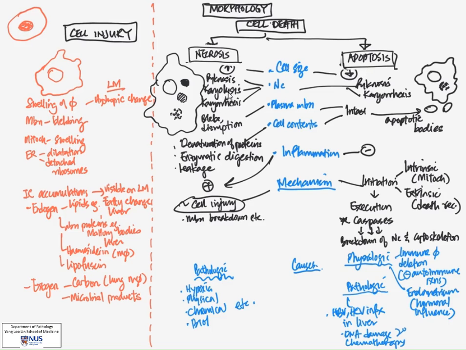Essentially, for necrosis, the cells would generally swell, the cell membrane will be damaged, and it does incite an inflammatory response. Whereas for apoptosis, the cells tend to shrink, they break up into smaller pieces, and they don't generally incite an inflammatory response. We've also briefly looked at mechanisms for apoptosis and also the pathologic and physiologic causes.